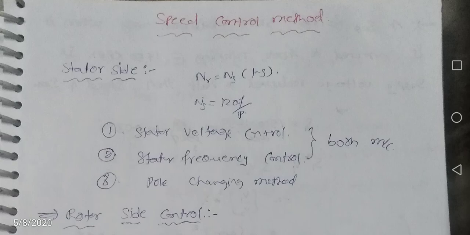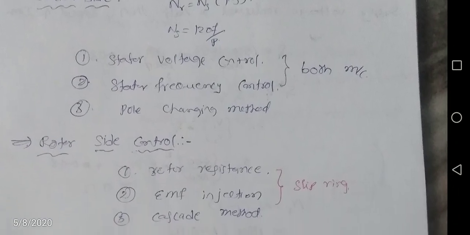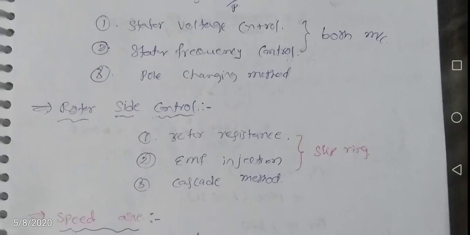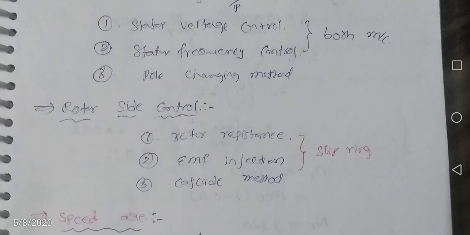Now coming to the rotor side control. In rotor side control, it is by rotor resistance control, EMF injection method, and cascade method. So it is for slip ring induction machine.